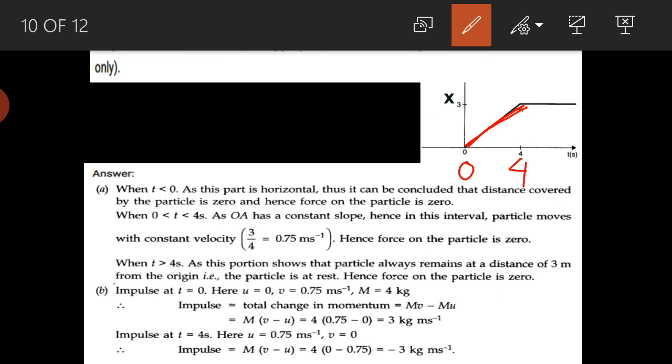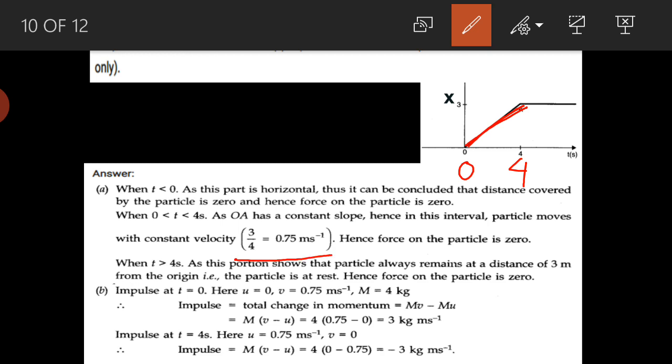It can be calculated by considering the slope of this part of the graph. Slope is given by change in y coordinate over change in x coordinate. Here the y coordinate is 3 and the x coordinate is 4. The slope, that is the constant velocity, is equal to 3 by 4, so it is 0.75 meters per second.